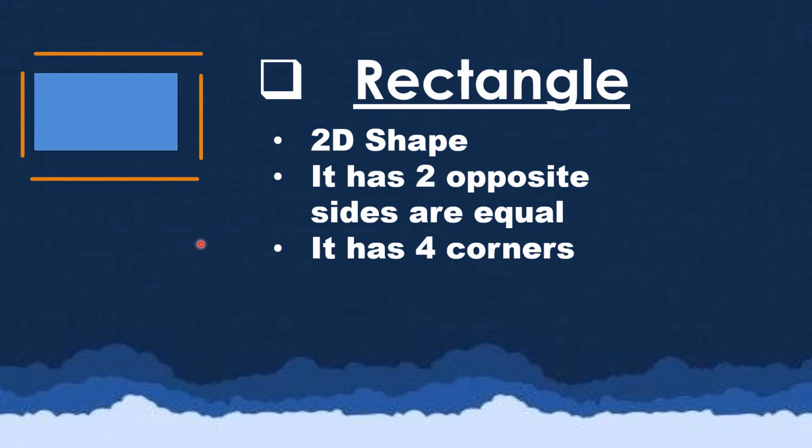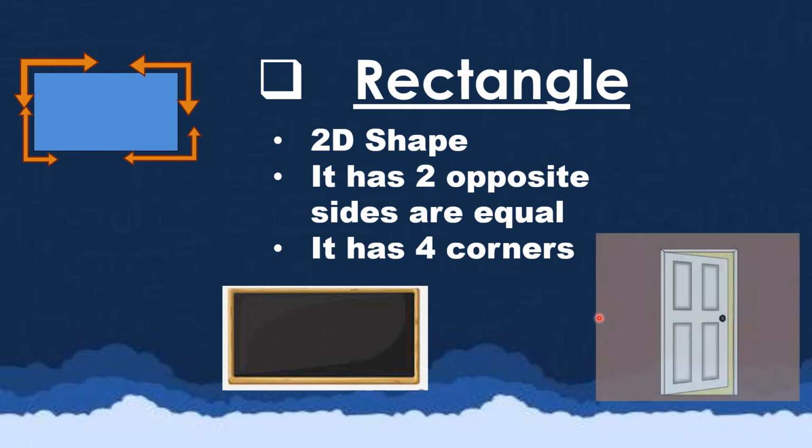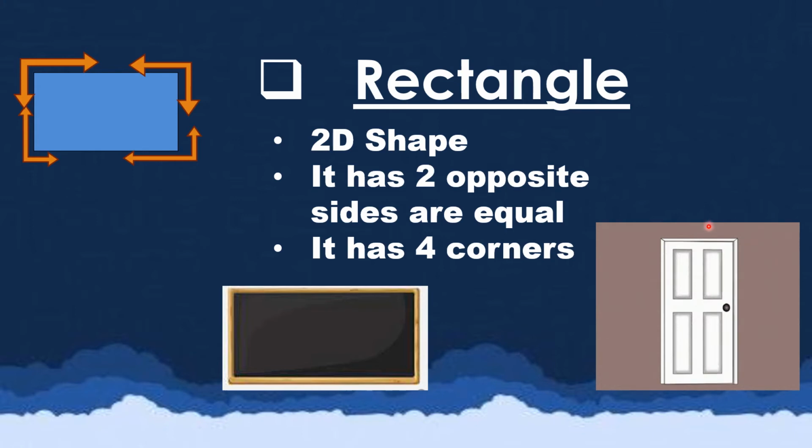And it also has four corners. Count with me, corners one, two, three, four. Yes, and here we have an example of a board. It has two opposite sides that are equal. Next, this is a door. Yes, you can see top and bottom are equal, right and left sides are equal.